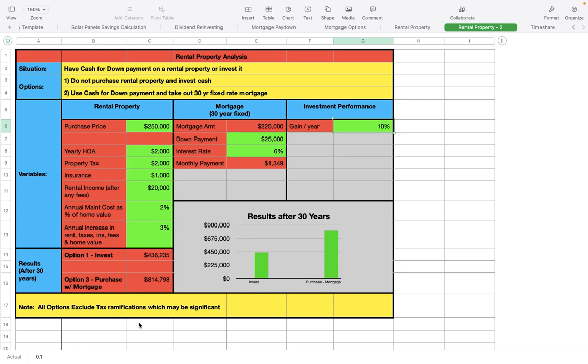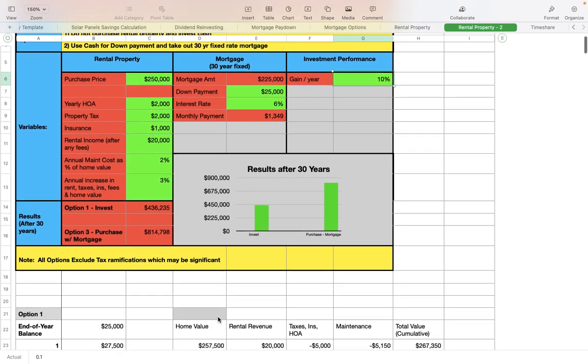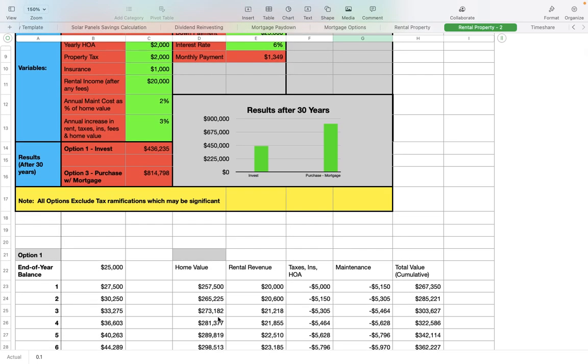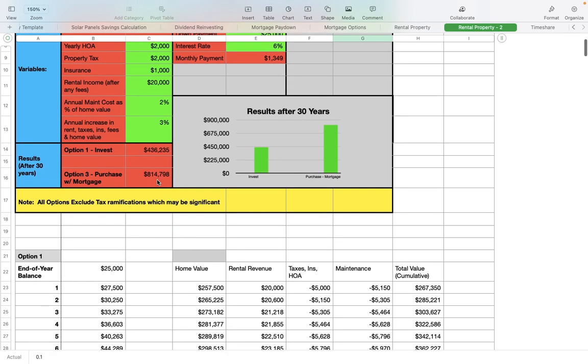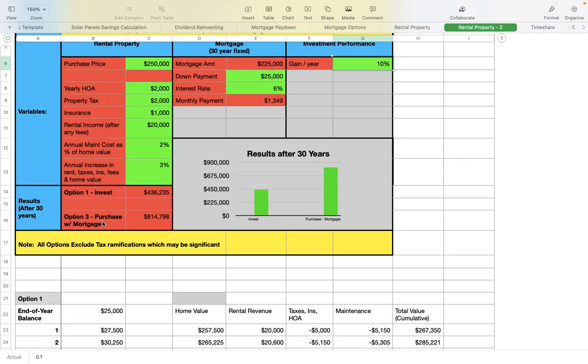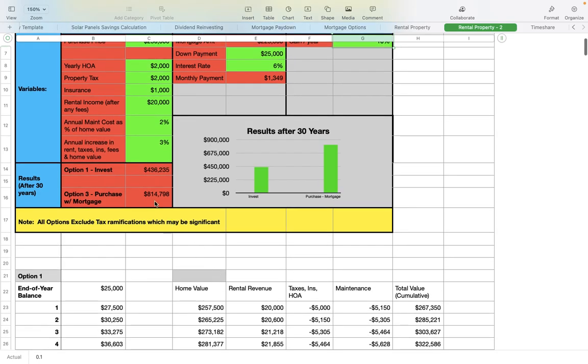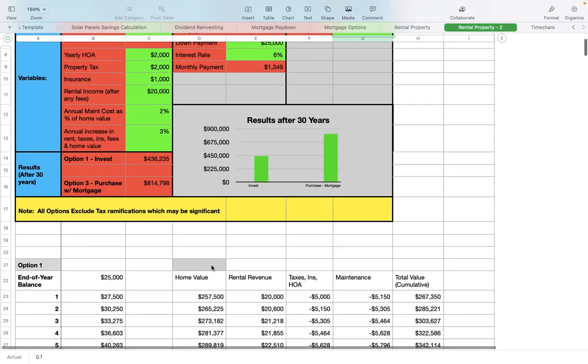I was a little surprised at the disparity here, and when I dove into the numbers, and not to get too far into the weeds, option 3 here, which is really the purchase of the rental property, generates a value after 30 years of $815,000.